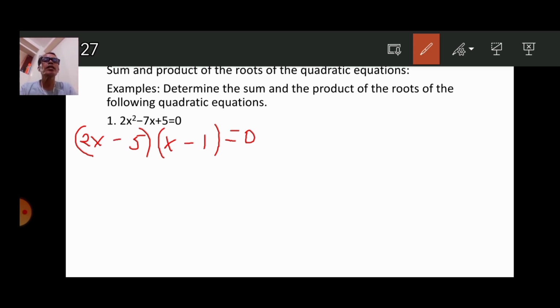So if you multiply negative 5 times x, it is negative 5x. 2x times negative 1 is negative 2x. If you add, you will have negative 7x, which is the middle term. Okay?